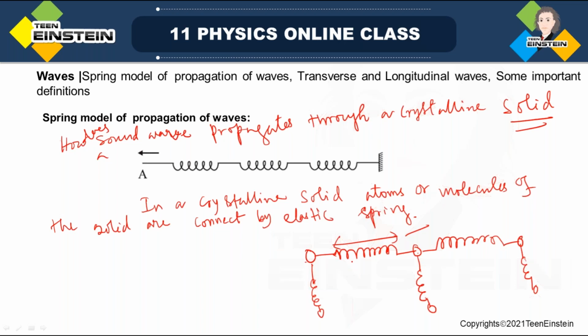But if a sound wave is propagating through the crystalline solid medium, it will disturb the length of the spring between two atoms. And when the length gets changed, there will be an oscillation.